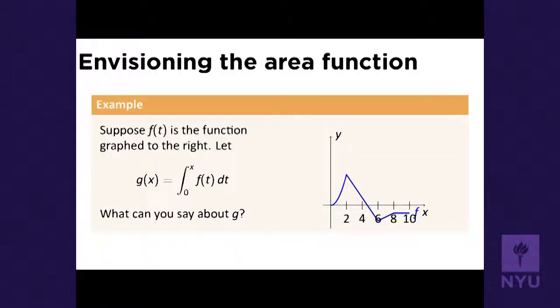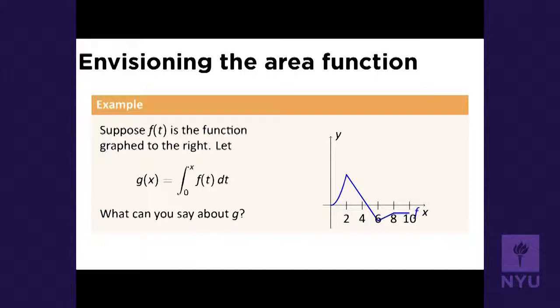Here's an example. This is my function f. It goes up, down, wiggles around a little bit. And I'm going to create the area function of that function f. I'm going to try and graph g of x and the area under the curve of f between 0 and x simultaneously. So between 0 and 2, the function is positive.